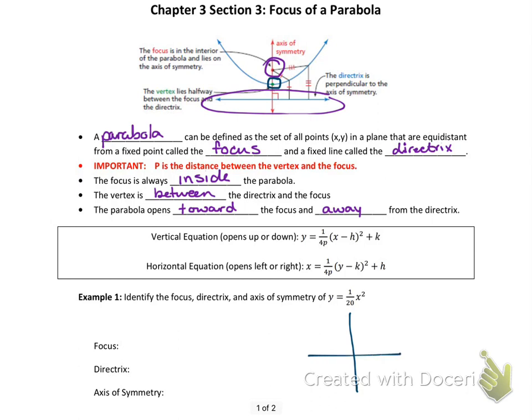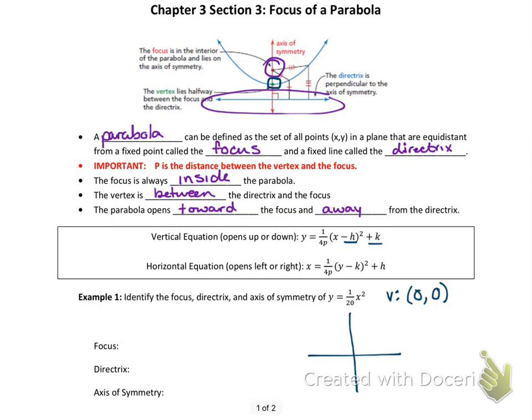Now, if we look at our equation, what we really need to find first is the vertex, if we're given an equation. The vertex should be h, k, which we've seen before. So when it's h, k, it's inside then outside. Well, there's nothing inside with that x squared, so the vertex is going to be 0 on the inside, and there's nothing on the outside in the back, so that's also 0.